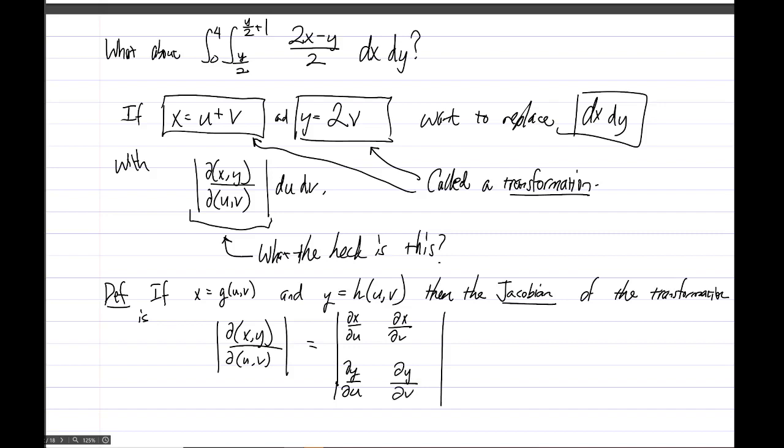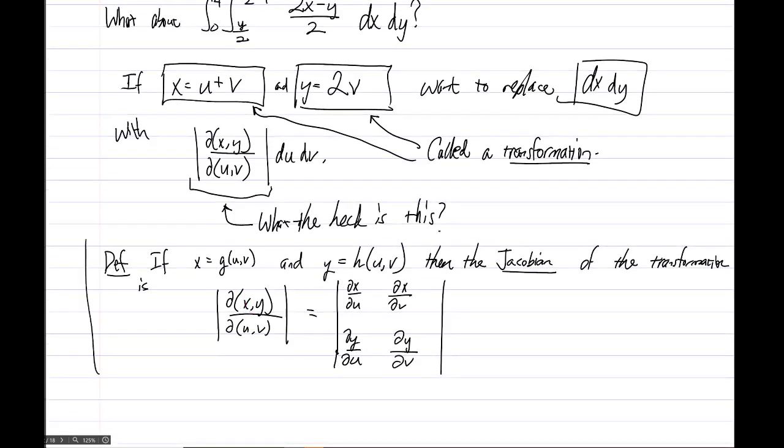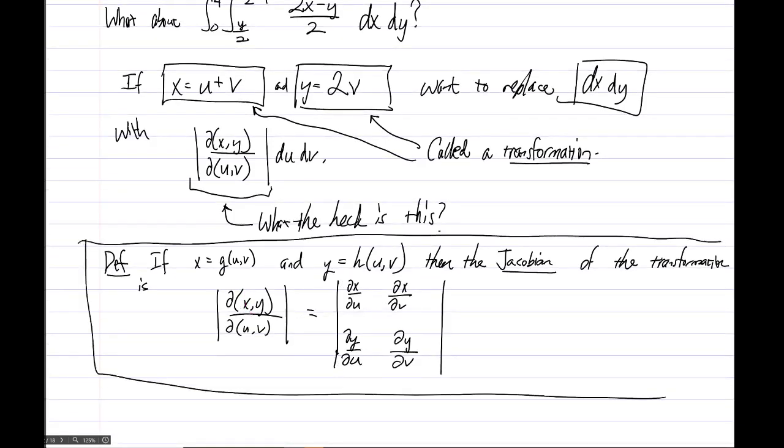So you'll note that in the rows, the numerators are partial of x and partial of y, and then in the columns, look at the denominators. It's with respect to u and with respect to v.